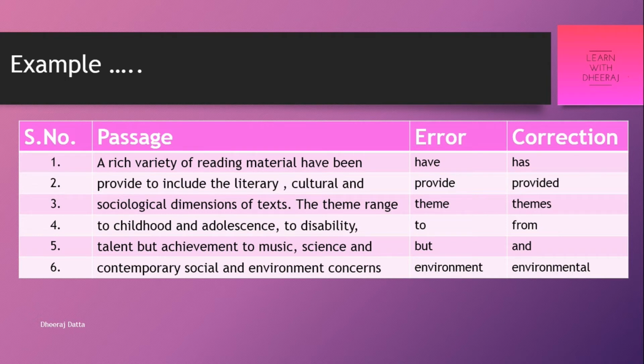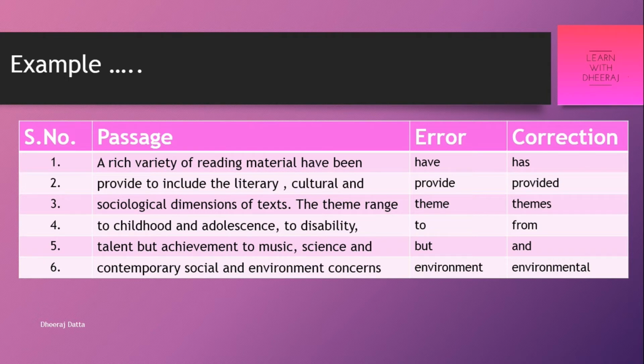So let's go through the sentences. A rich variety of reading material have been provide to include the literary. Now when I read the complete sentence, I find that it should have been "has been" instead of "have been". A rich variety of reading material has been.